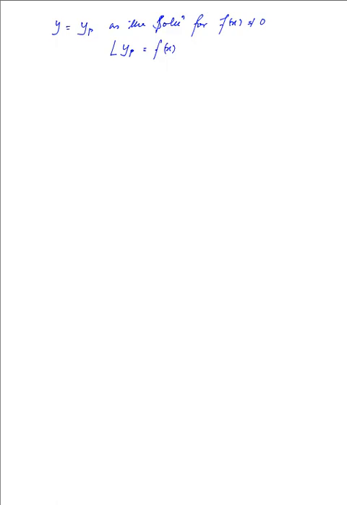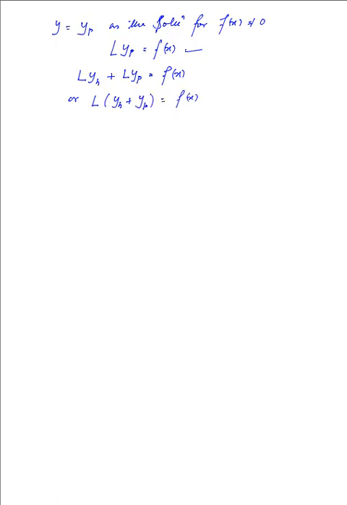Therefore, if we add up these two equations, we end up with L yh, which was giving me 0, plus L yp, which is now giving me f of x. So on the right hand side, 0 plus f of x is going to be f of x. Together what we can write is L of yh plus yp is equal to f of x.